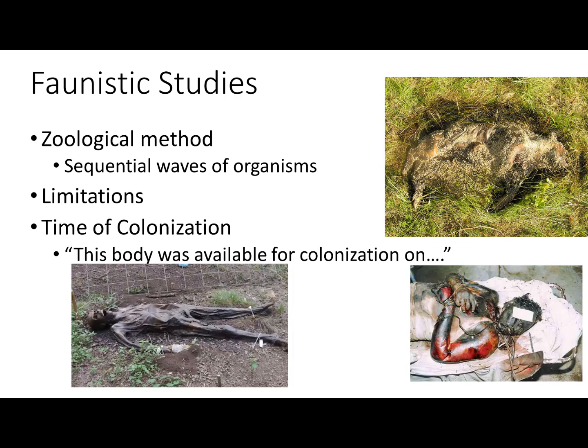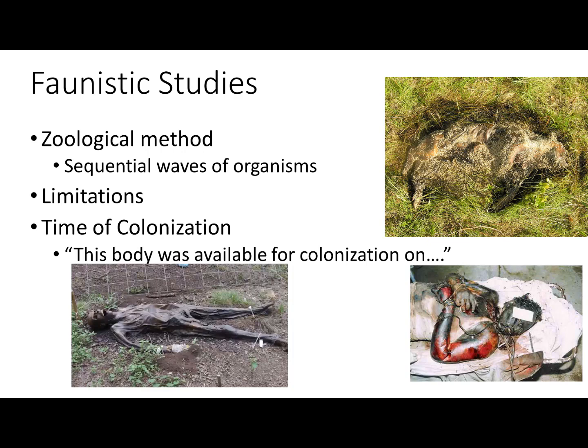Now there are some limitations, however, to the use of faunistic studies in corpse age estimation. This is something you have to keep in mind whenever you use any forensic technique. Doesn't matter what it is. You have to keep in mind those limitations. We've been over a few of these limitations in the past few weeks, but let's look at some of the major ones.